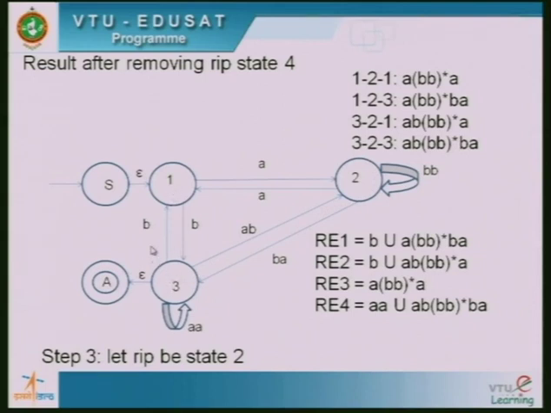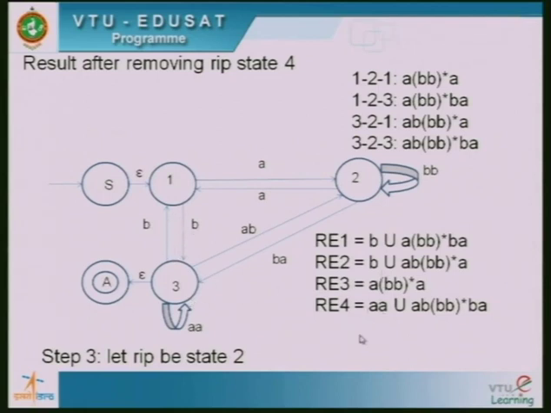Along with the B, you can write the regular expression. From 3 to 1 you can reach with AB, BB star, A. So you can write the regular expression RE2 as B union AB, BB star A. In a similar way, from 1 to 3 you already have the B transition.